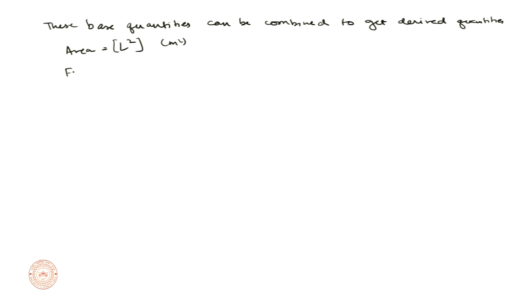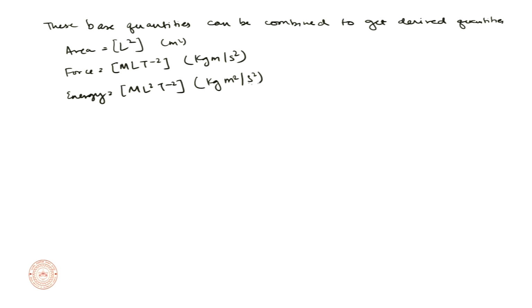Okay. Force is mass length time minus 2, the unit is kg meter per second square. Energy is mass length square time minus 2, the unit is kg meter square per second square. And then we have electric charge, that is current times time, that is ampere second.